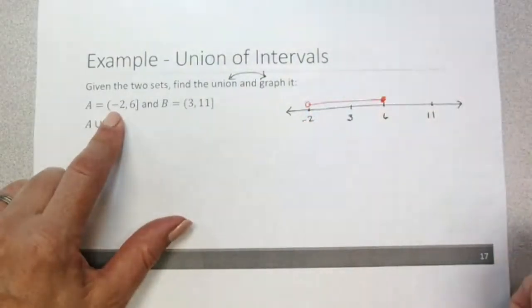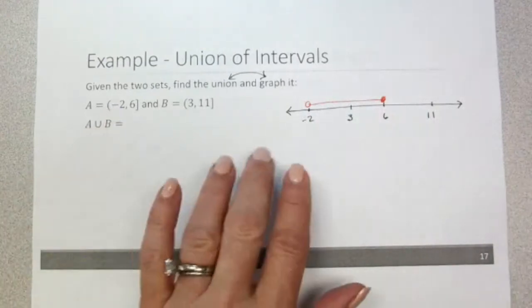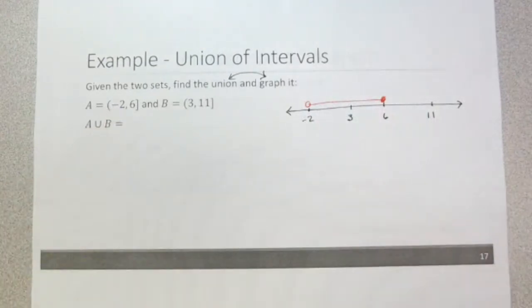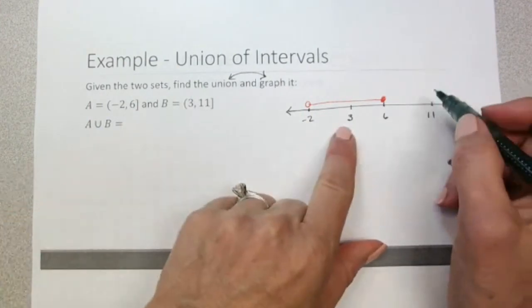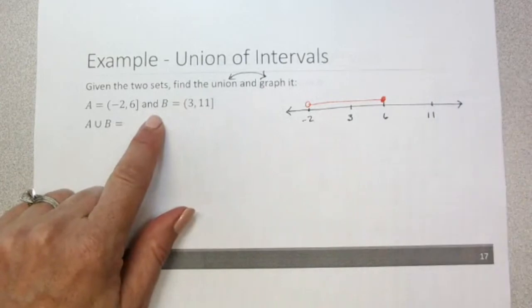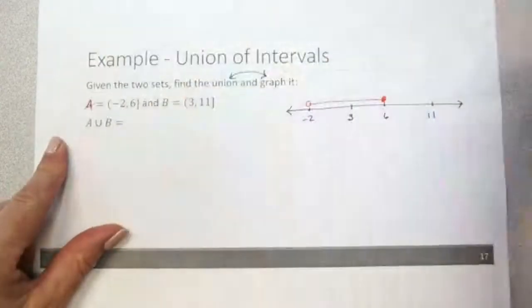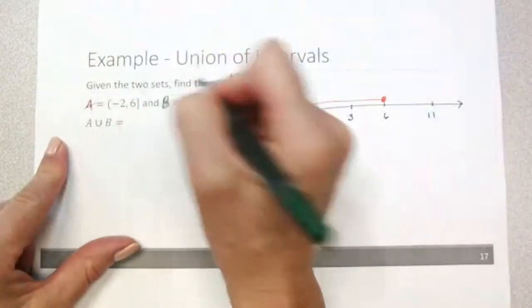Open circle there. And then our second set B, let's see if I have another color. How about green? Oh, that'll show up better. So if A is our red set, we're going to say B is our green set.